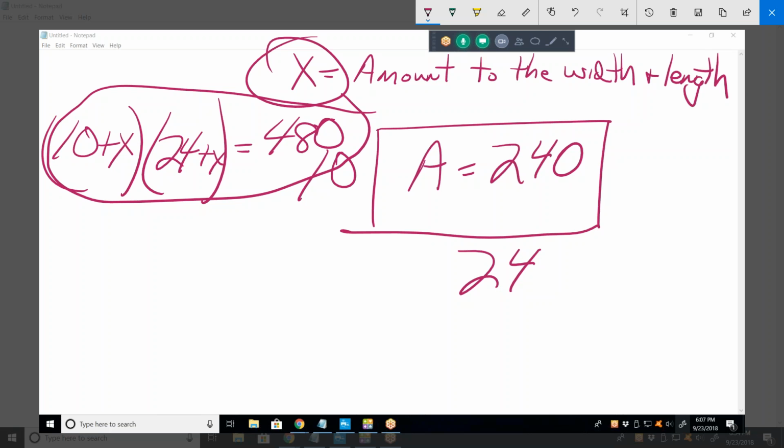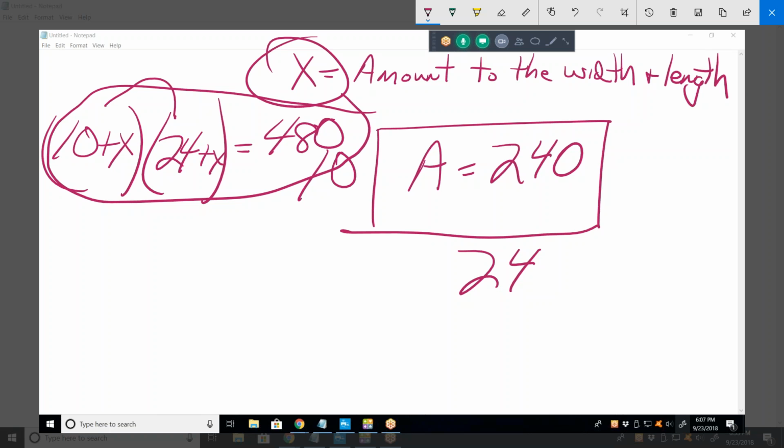Now, this is a little extra difficult because it's not equal to 0. So we actually have to FOIL those two terms, and then we have to move the 480 to the left side and set one side equal to 0. We can't set one side equal to 0 until we have FOILed those two linear terms.